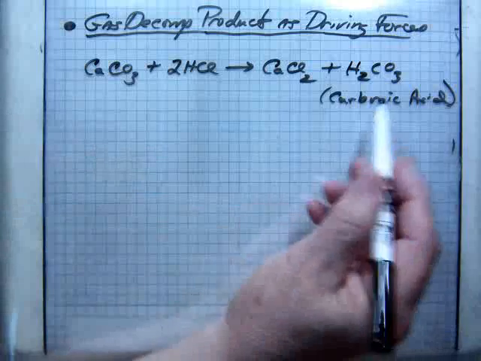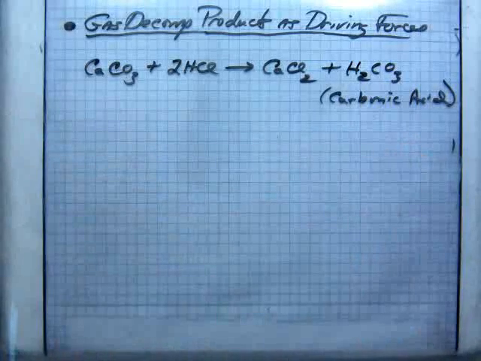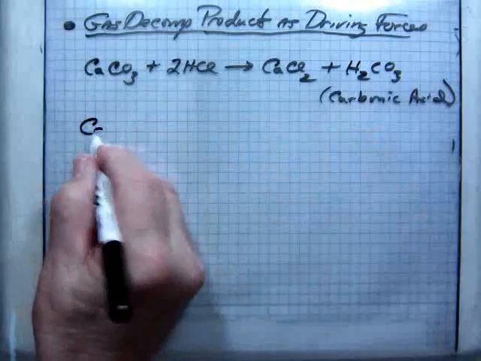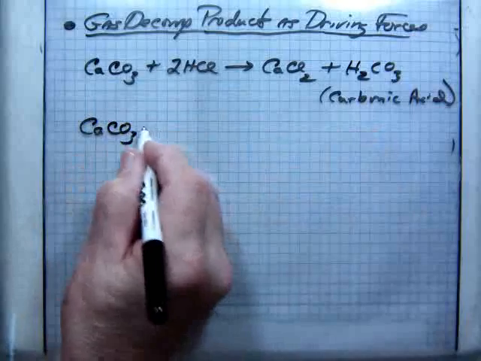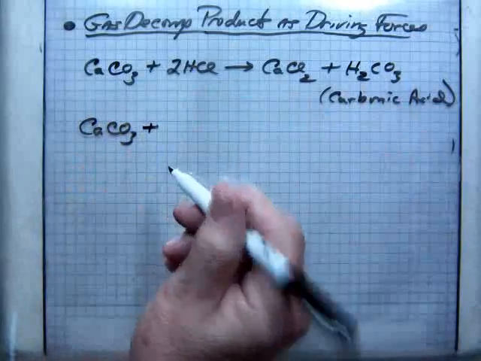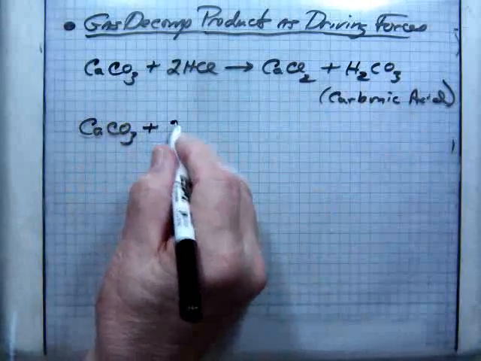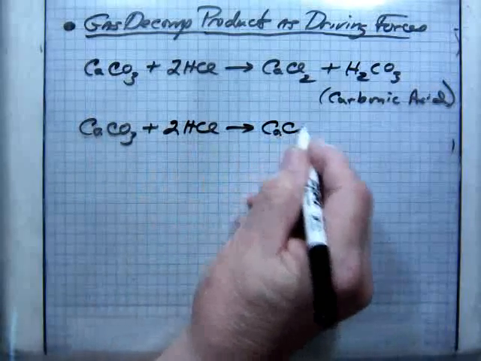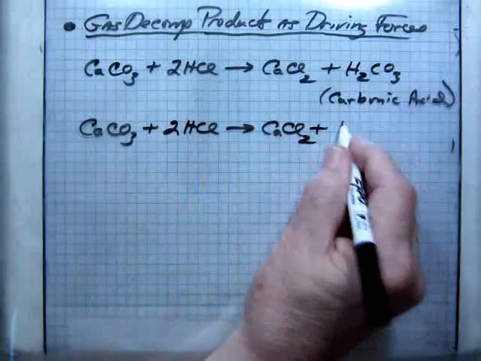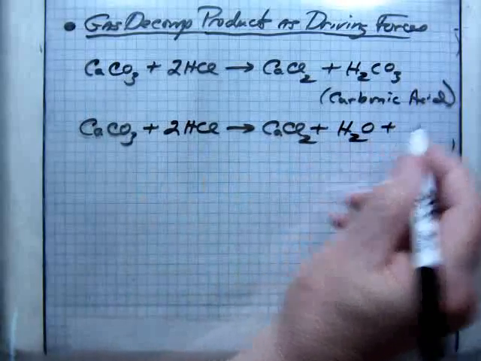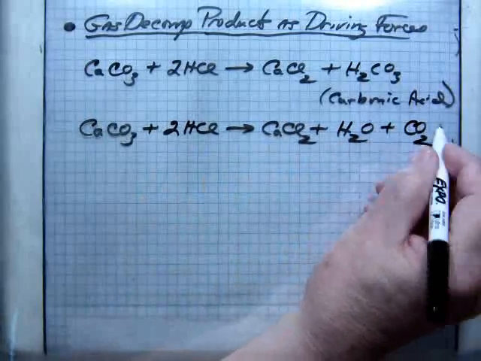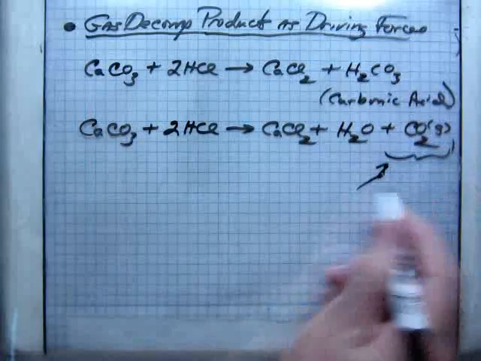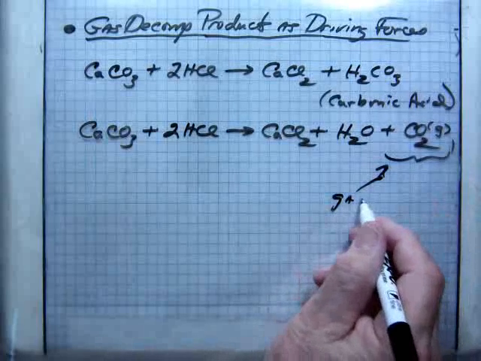Well, this is what that is, essentially, in equation form. So when you write this, you have one more step. You want to include that H2O and CO2 at the end, and I'll just tag that with a gas. And this is your gas decomp driving force.